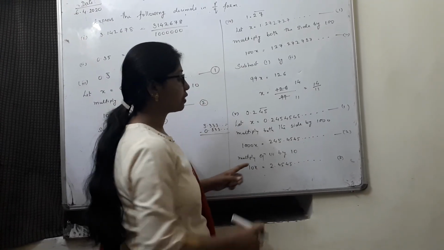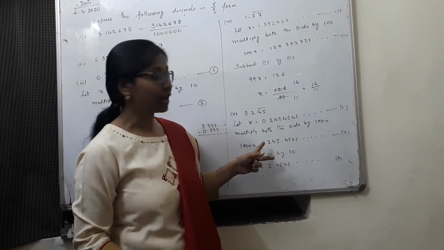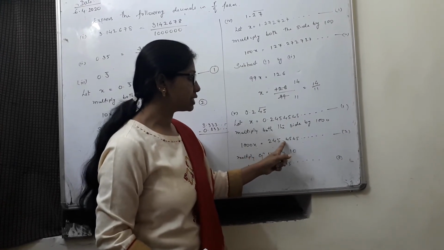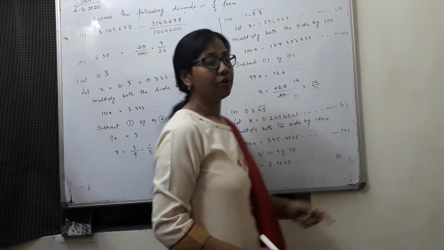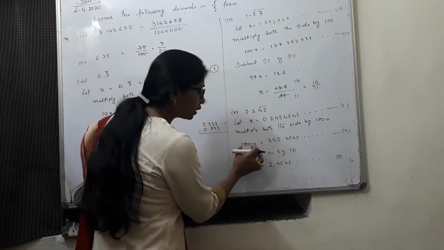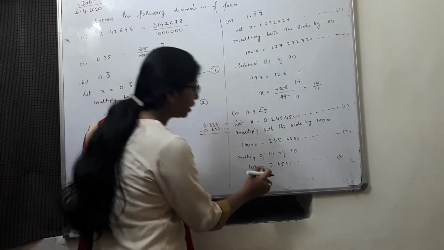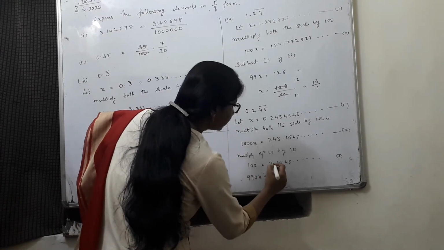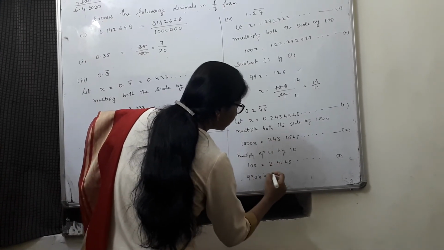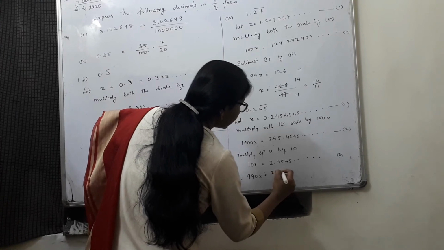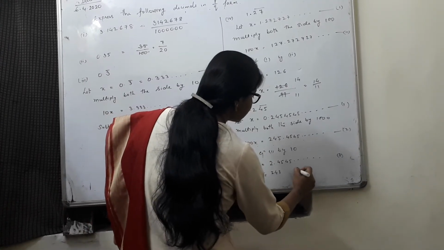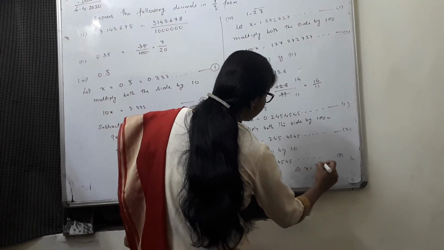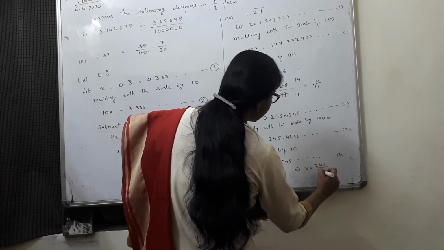So now it is easier for us, when you subtract, all the recurring digits after the decimal point will vanish. Now 1000x minus 10x gives you 990x equals 245 minus 2, 243. This gives you x equals 243 by 990.